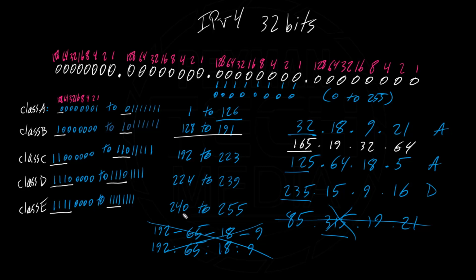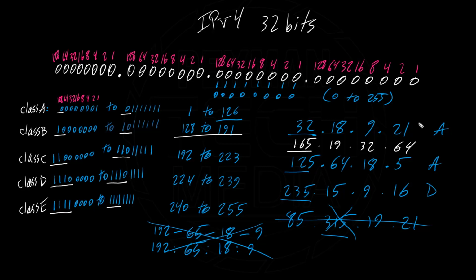So if you see an IP address, for example, 242.18.9.24, you should say that this IP address, 242, is a class E address, mainly used for scientific and research purposes.